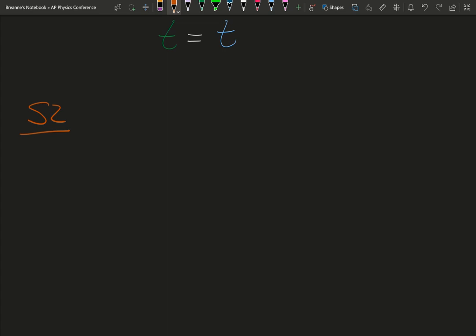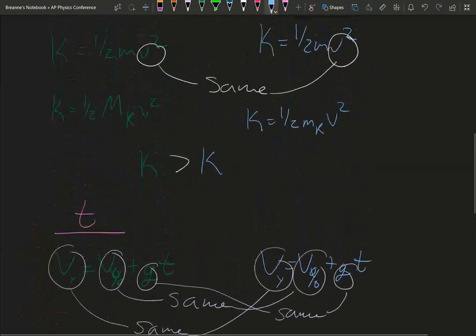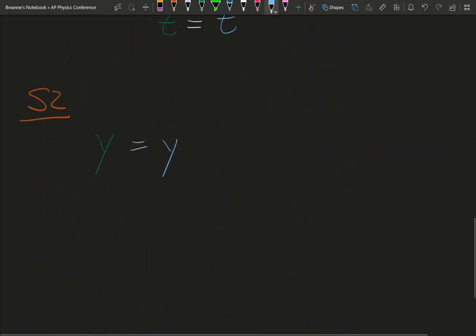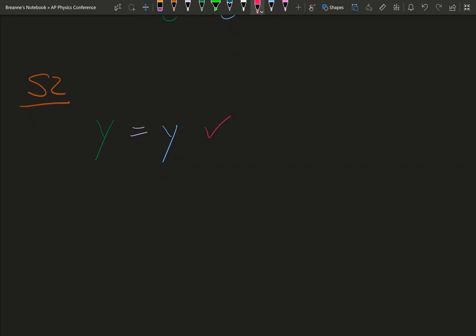Okay, so again, we're kind of breaking it down. So the first thing that student 2 says is that it'll have the same vertical displacement. So it says that heights are going to be the same, which we already did some figuring out, which is a correct statement. Another thing that they say is that they're going to both have the same kinetic energy.